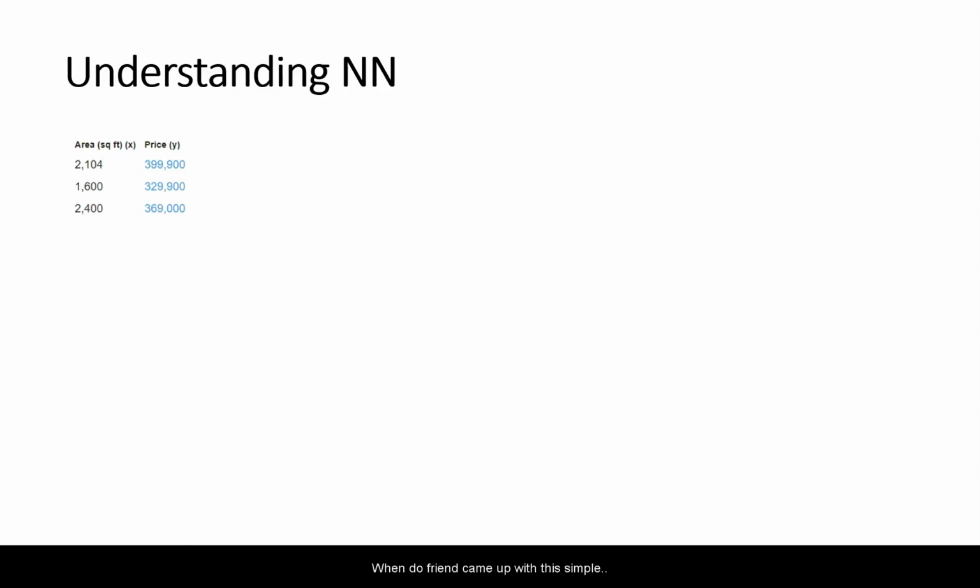And your friend came up with this simple data set which has the area in square feet of each of the houses and the price for which the house was sold in that particular neighborhood.